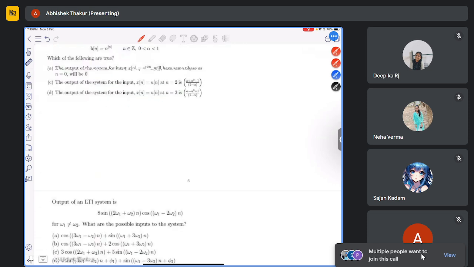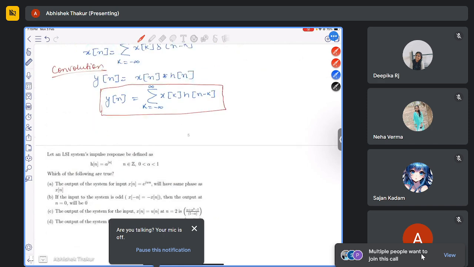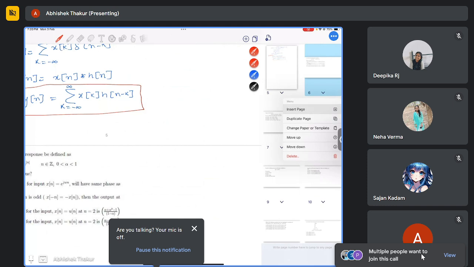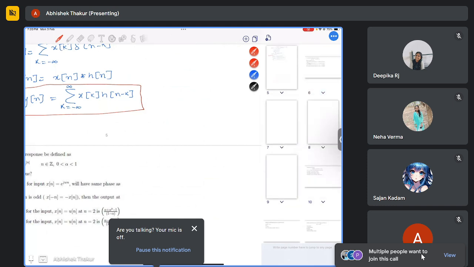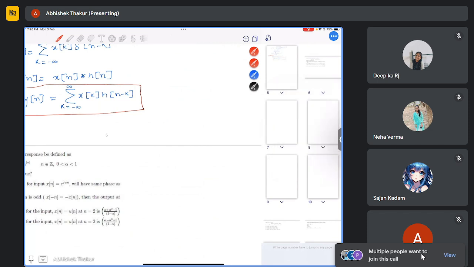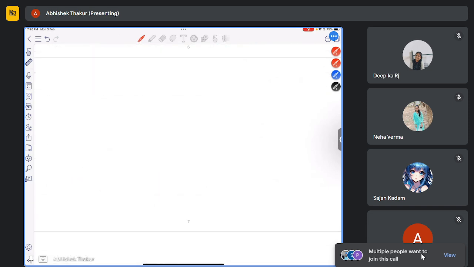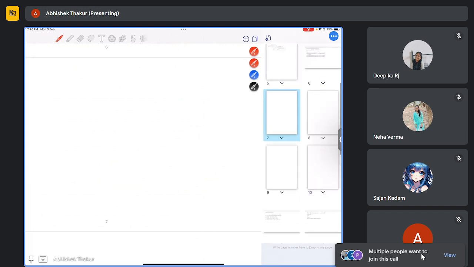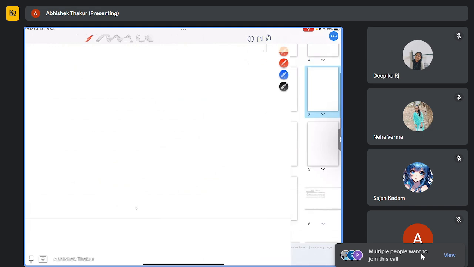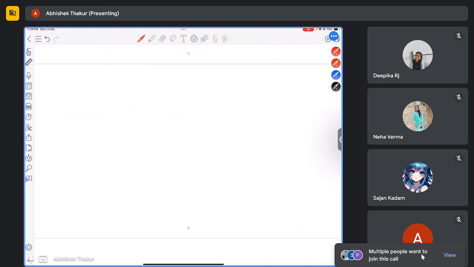So now we will solve the convolution question in the discrete domain. Let's solve one example. With that, we will try to understand in more detail.